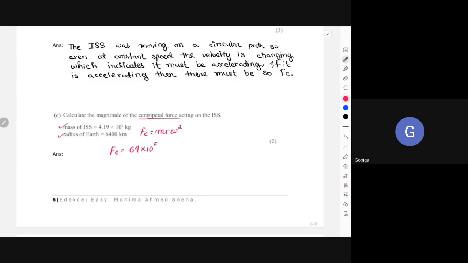So 6.4 × 10^6 multiplied by the mass, 4.19 × 10^5, multiplied by (1.13 × 10^-3) squared. If you calculate all of these, you're going to get approximately 3.4 × 10^6 newtons. This is your centripetal force then.